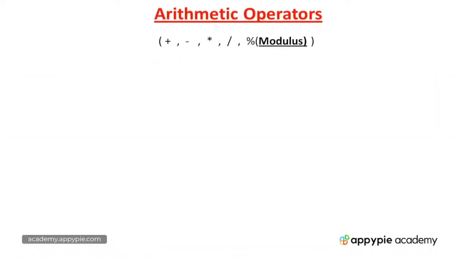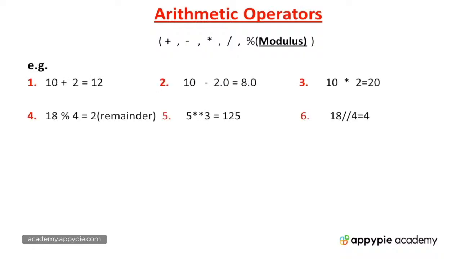But first, let me show you arithmetic operators, how they are used. It's very simple. You are already familiar with this. 10 plus 2 is equal to 12. 10 minus 2. Here 10 and 2 are the operands. Minus symbol is the operator, arithmetic operator, of course. 10 into 2, 20.